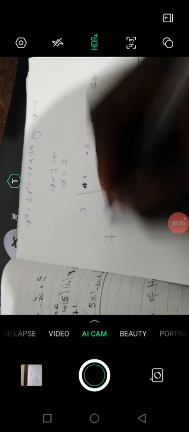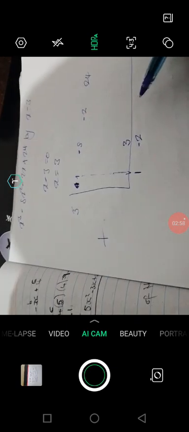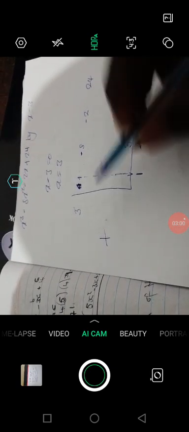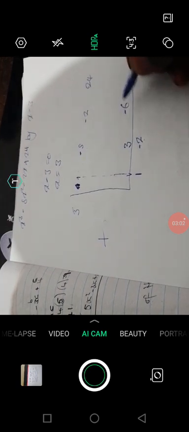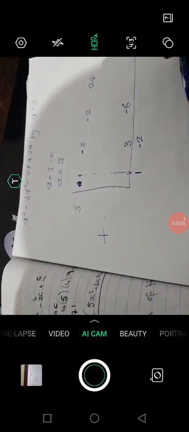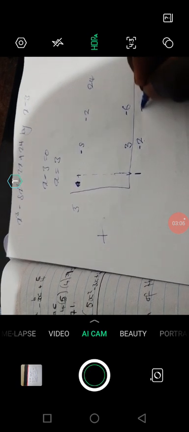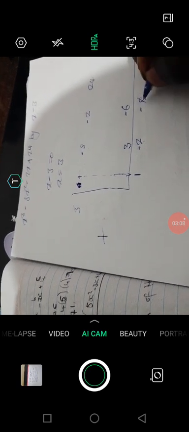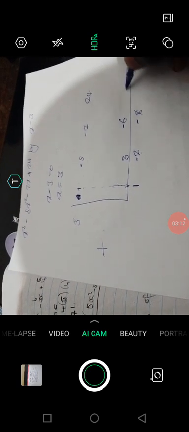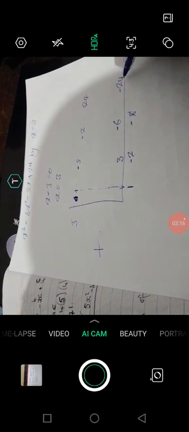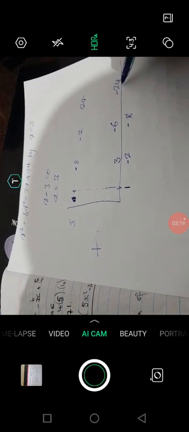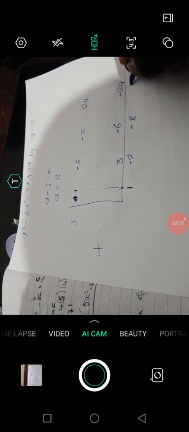Please, you have to add. Again, negative 2 times 3 gives you negative 6. What is negative 2 plus negative 6? That's negative 8. The same negative 8 multiplied with 3 gives you negative 24. What's negative 24 plus 24? It gives you 0.